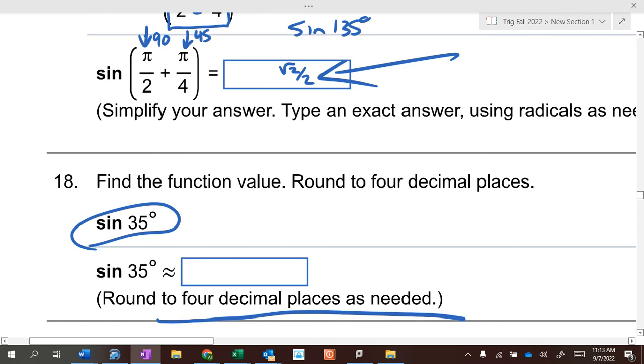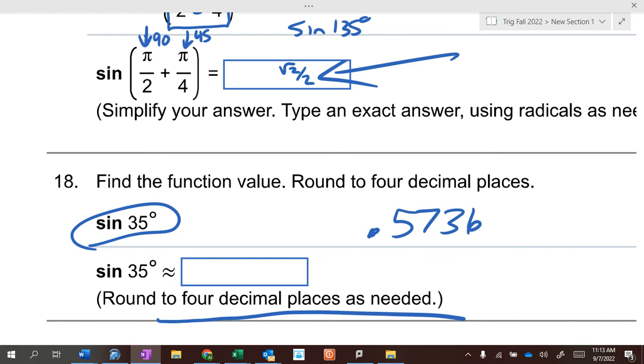Oh, Chloe. Now, I'm glad Chloe gave that answer. 0.5736. Okay. Why would Chloe give a negative answer? Because her calculator's in radian format.